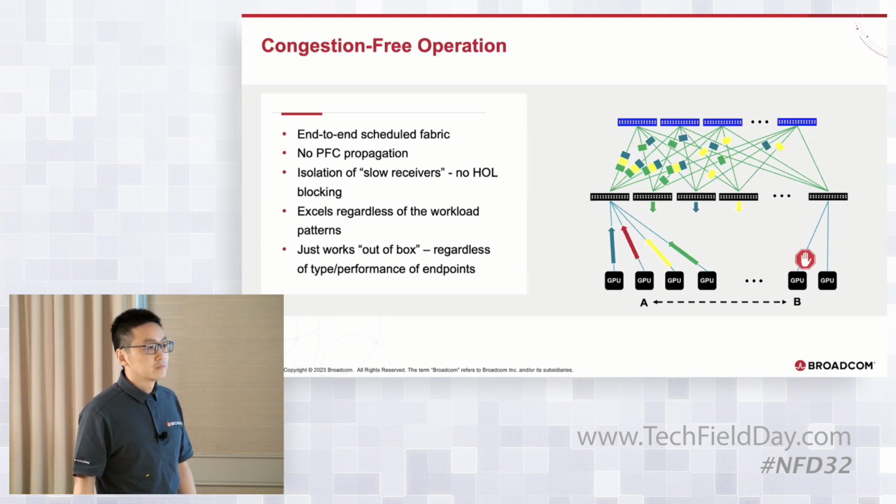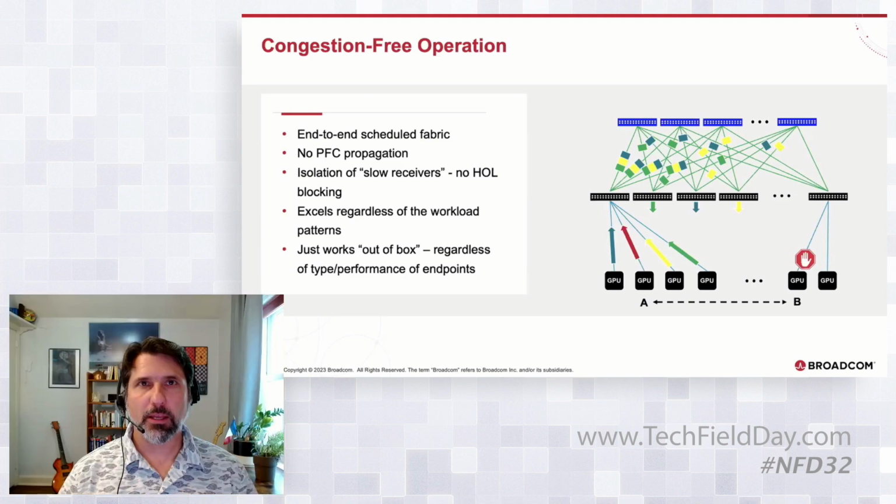When you say it just works out of the box, is there some established frame or format that you're using to communicate to the GPUs from the leaf switches, like the pause frame or the go frame and so on? Yeah, it's just a standard pause or standard PFC. That's all you need.